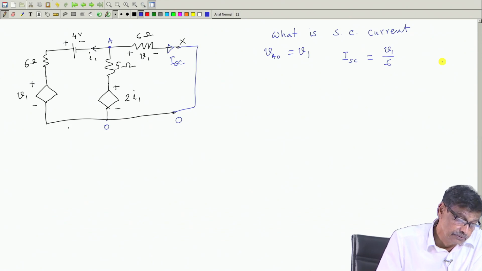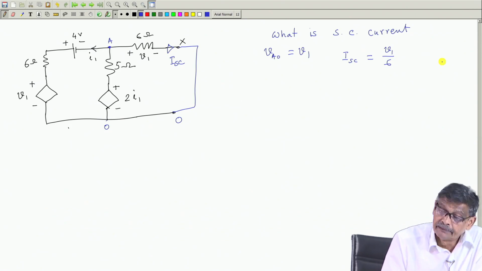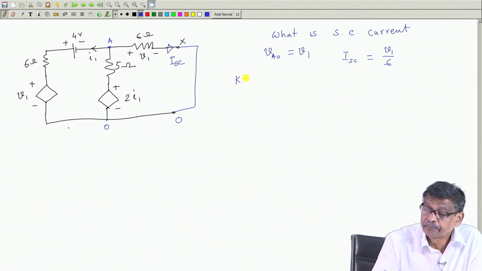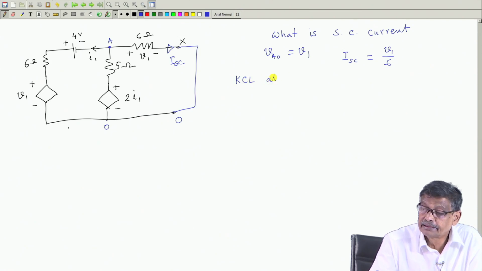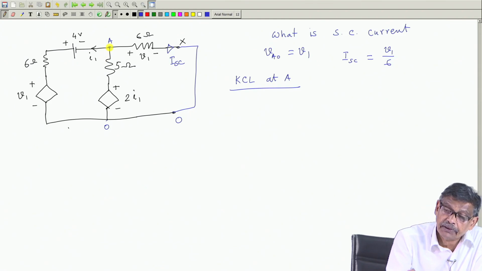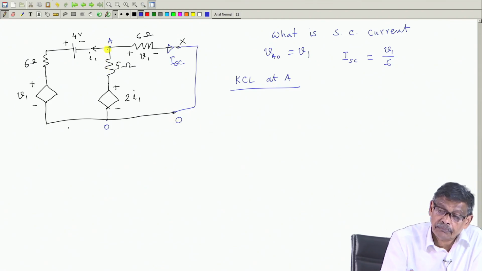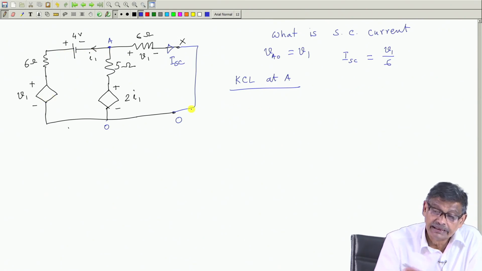What you do is write down KCL at node A. What will it be? This is V1. So, V1 plus 4 minus V1 by 6.